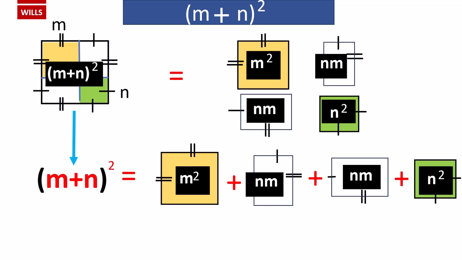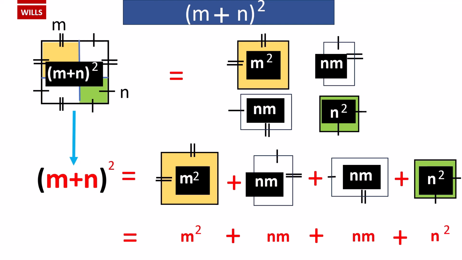Now let's pull out their area to form our equation. M squared plus nm plus nm plus n squared.